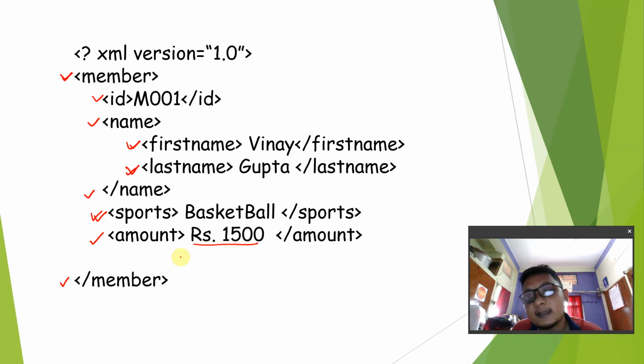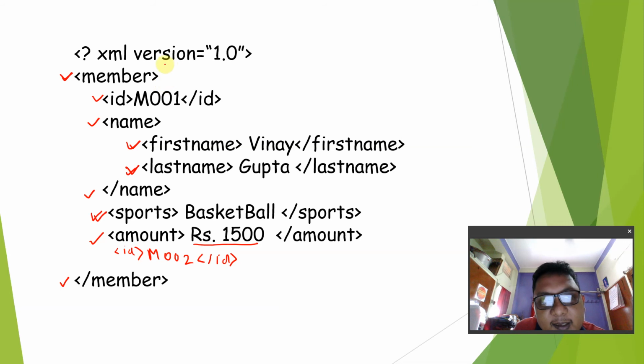That's the information I am displaying about the member in the amount tag. In a similar way, I will be able to add more ID tags, suppose another unique ID for another member. In a similar way, you all can extend this code. All right.